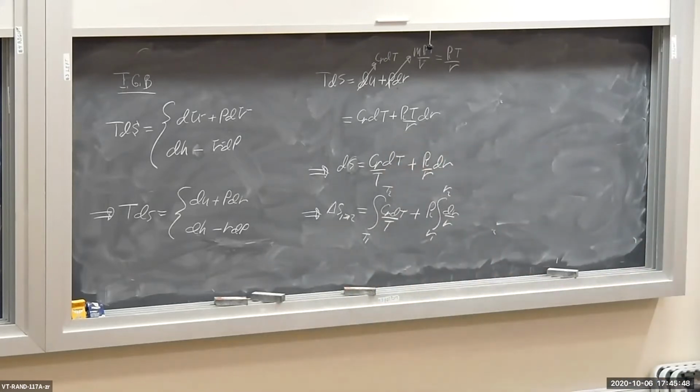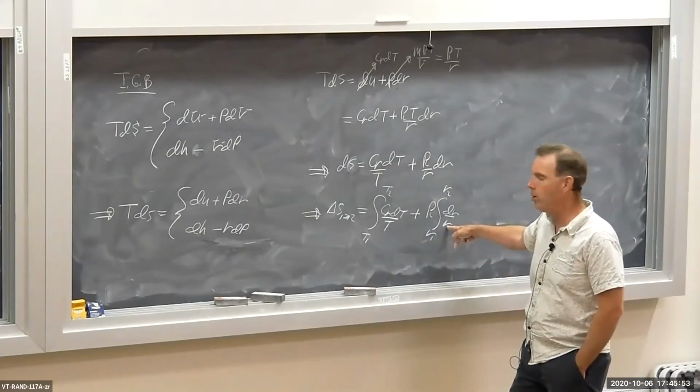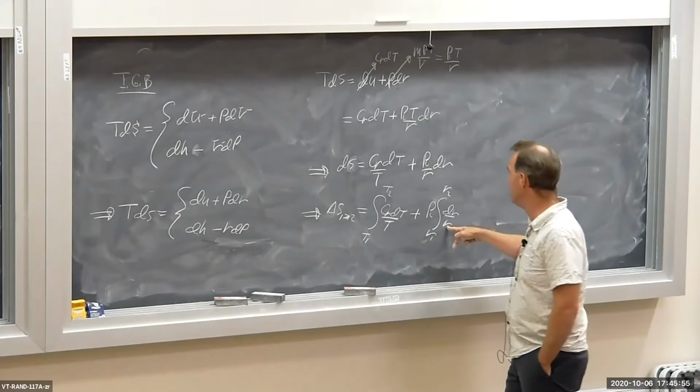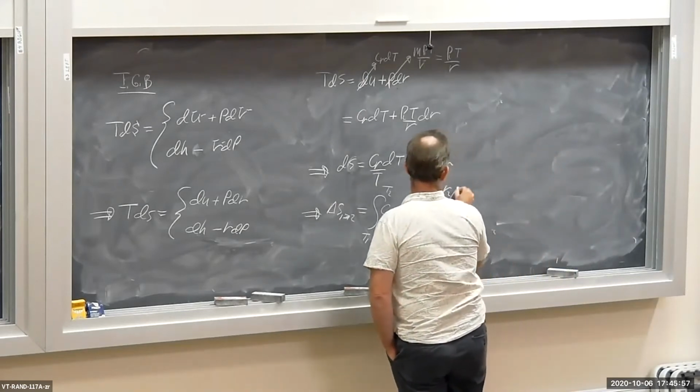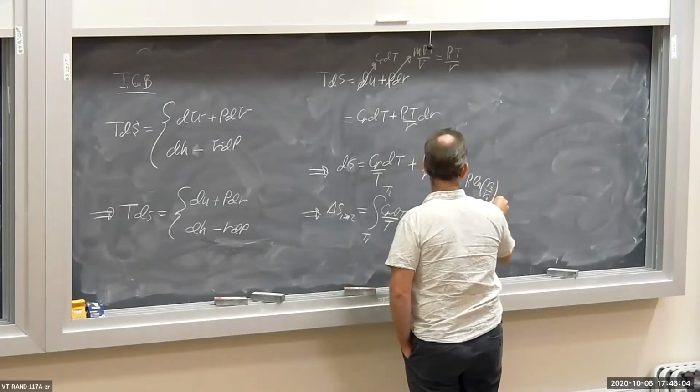Again, the antiderivative of 1 over specific volume is a natural log. So this term becomes R ln v2 over v1.